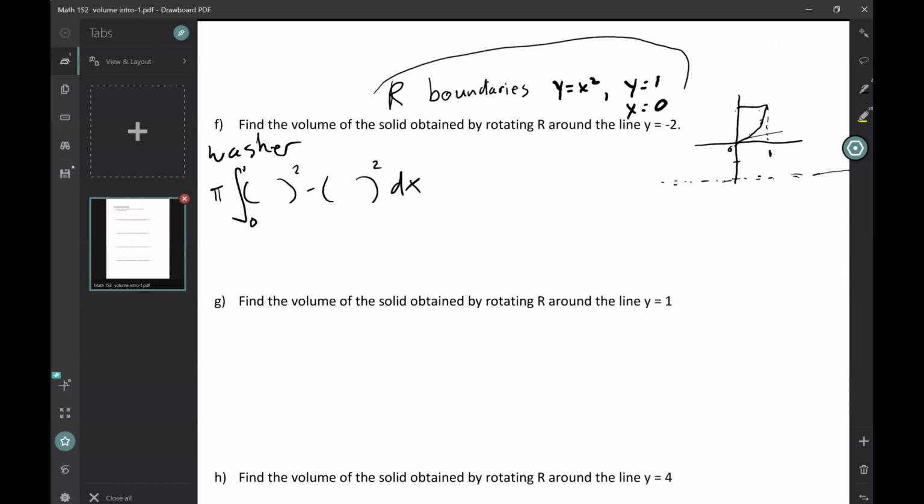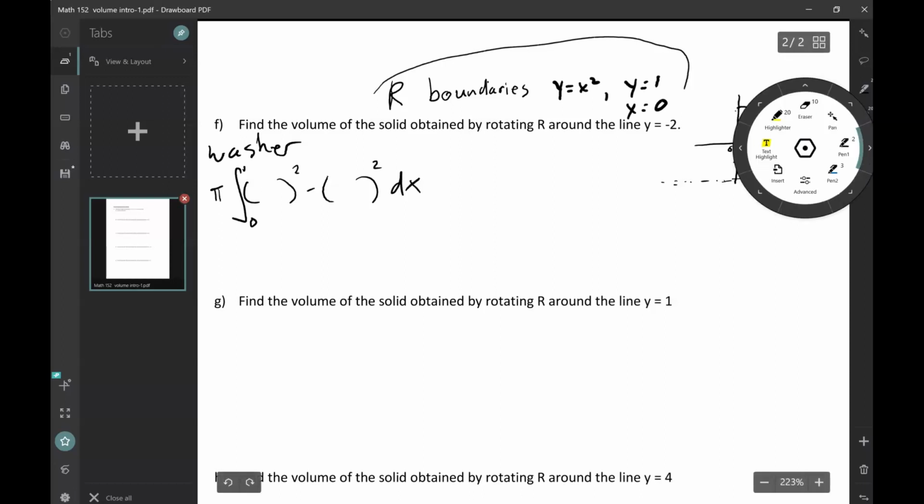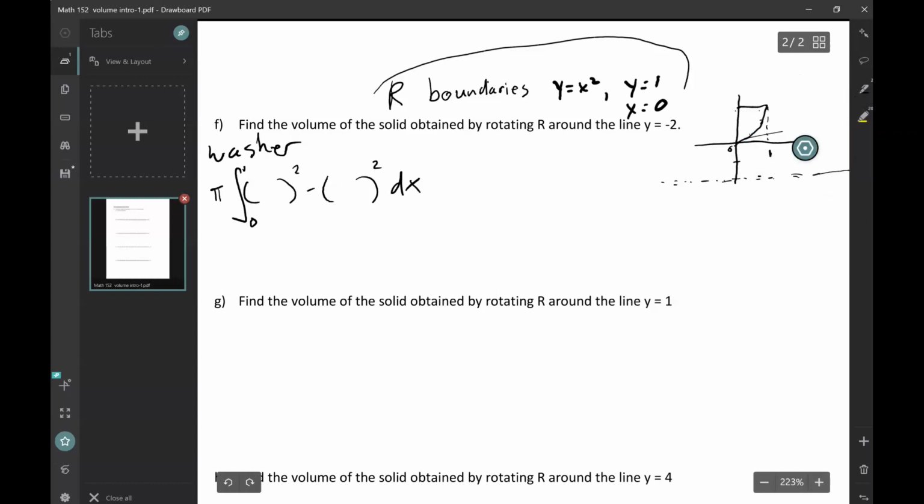Okay. So now the washer method, again, what we need to find is a big R, which is the length from the line of rotation to the outside edge.